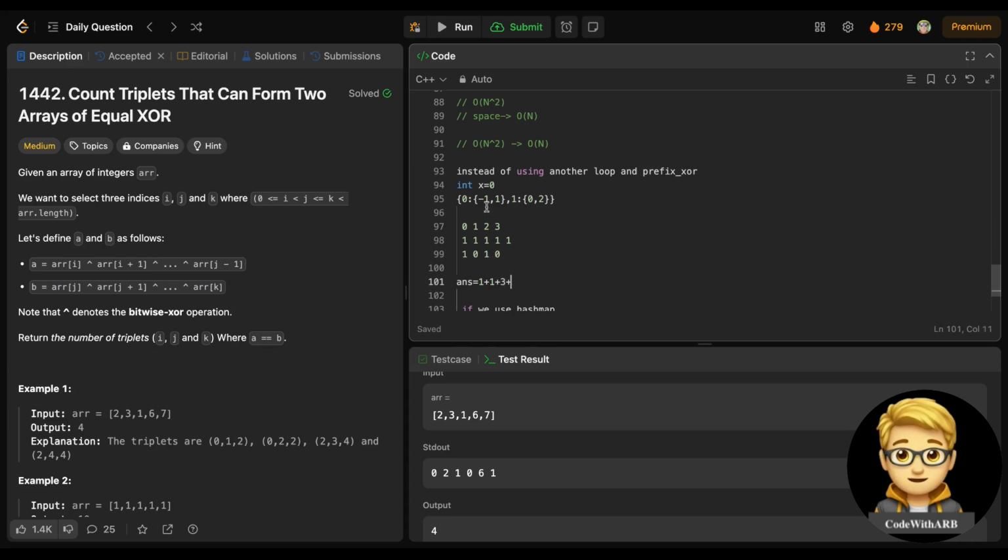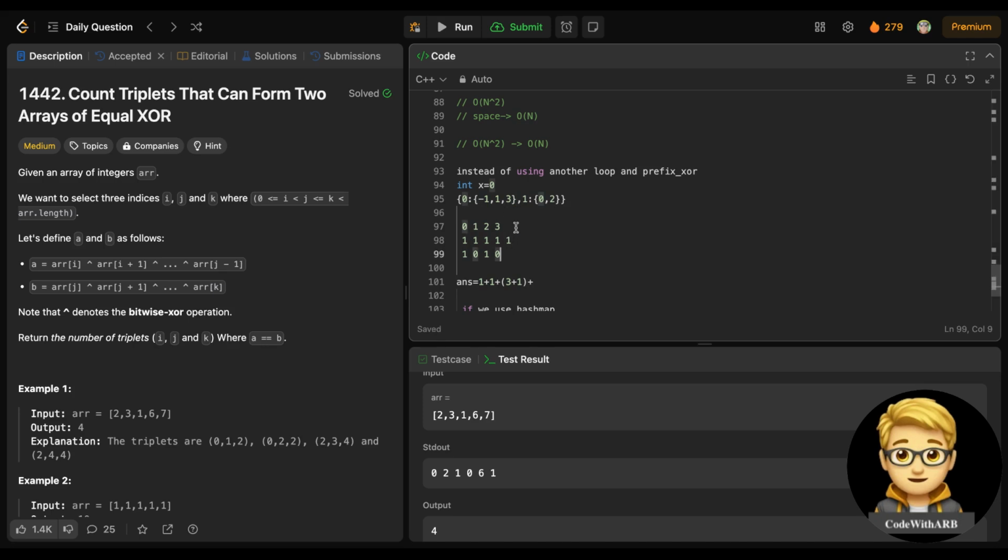Again, between this 0 and this 0, all the numbers between them will generate an answer, that would be 1. So we will insert this 3 in my hash map also.